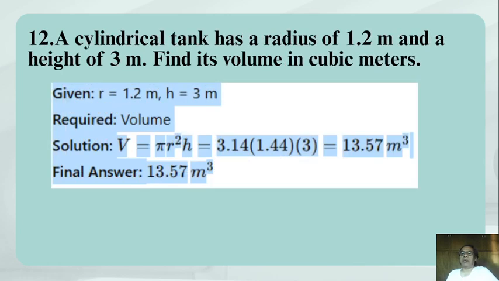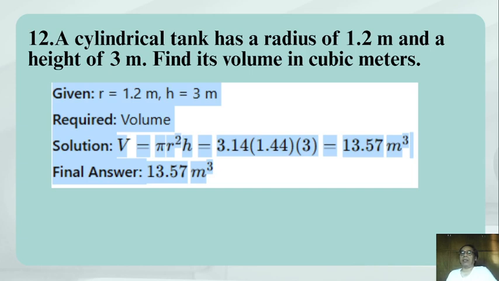Number 12. A cylindrical tank has a radius of 1.2 meters and a height of 3 meters. Find its volume in cubic meters. So we're given r 1.2 meters, h 3 meters. Required: the volume.